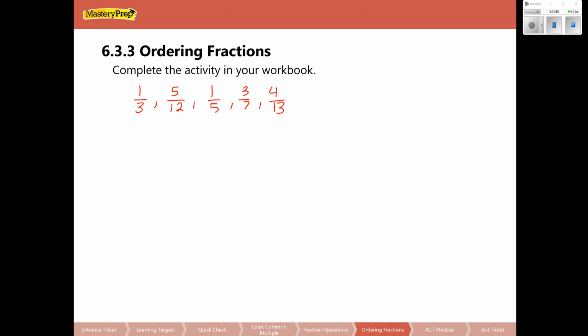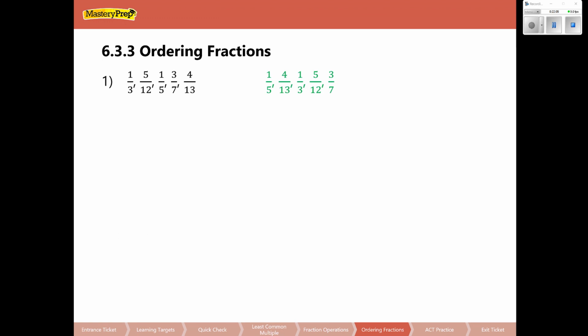So when we look at these here, we're wanting to order these from smallest to biggest. So here are the first ones we have. We want to go from smallest to biggest. Well, we can convert all of these here. So 1/3 is 0.3.